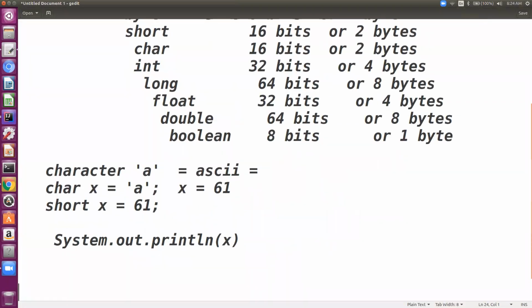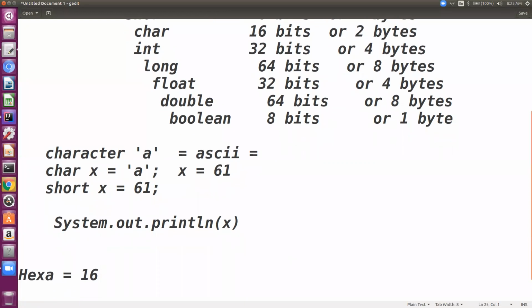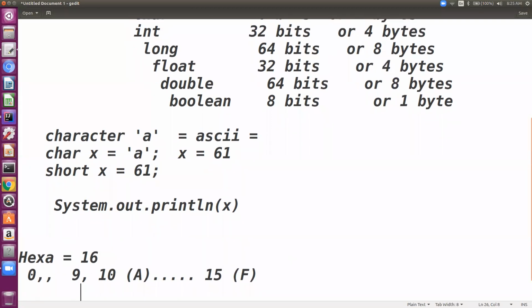Hexadecimal: hex means 6, deci means 10. So hexadecimal has a total of 16 symbols to represent a number. Binary 2, decimal 10, hex 16, which is 0 to 9, then 10 is represented as A till 15, which is represented as F. The way you convert a decimal into hexadecimal is the same as you convert binary.